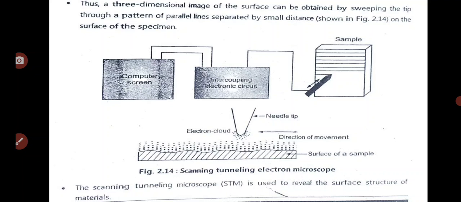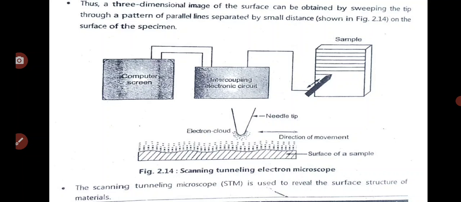So, a summary of the scanning tunneling microscope system: this technique is used to analyze the material surface, or to monitor the surface structure of the material. In this system there are two electrodes.